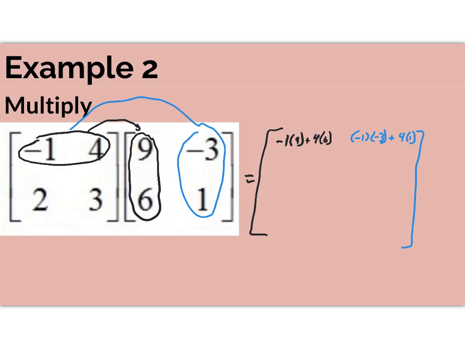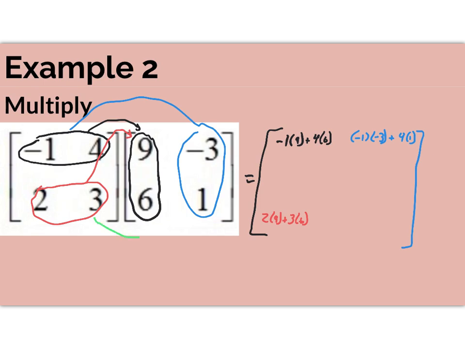And now we do the same thing with the 2 and the 3. This row, the 2 and the 3, is going to be multiplied to the 9 and the 6 to go here. So we're going to have 2 times 9 plus 3 times 6. And for the last element, because these are both 2 by 2, we'll get a 2 by 2 matrix.